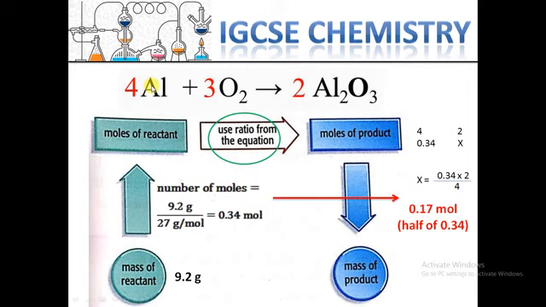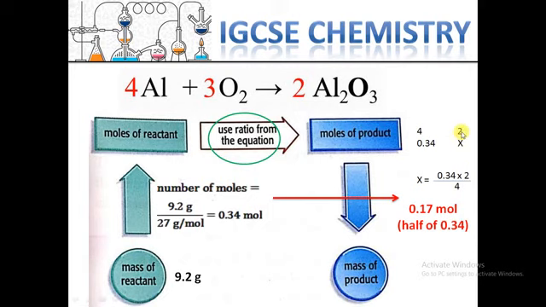From each 4 aluminum we can take 2 aluminum oxide. This is a very simple relationship. From 4 we get 2. From 0.34 here, how much? This is x. We are looking for this value.